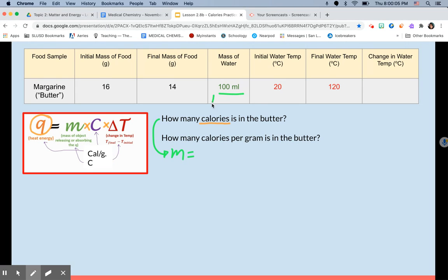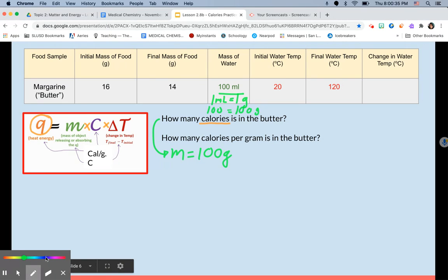And remember that 1 milliliter is the same as 1 gram. So if I have 100 milliliters, that's going to be 100 grams. Therefore, the mass of our water is going to be 100 grams. When we're finding calories in food, we're always using the mass of the water. So that's our M.